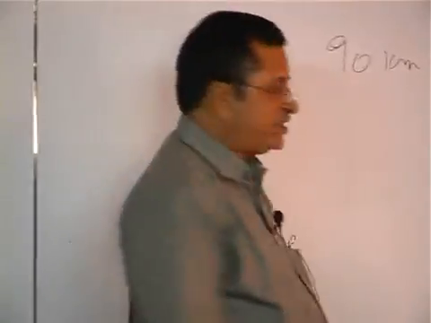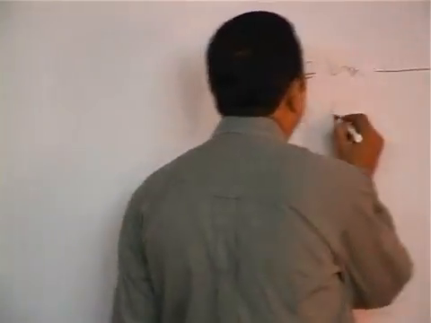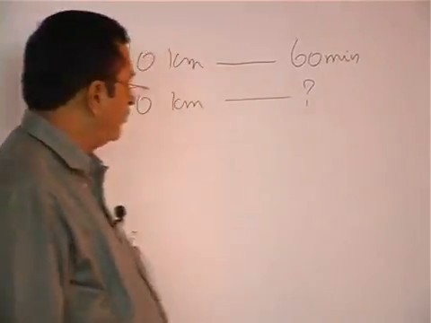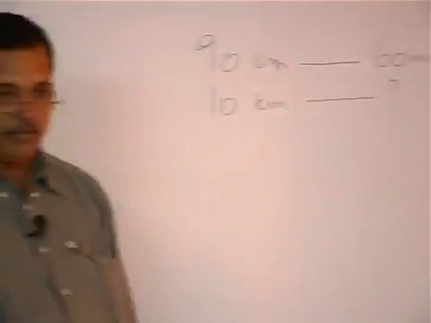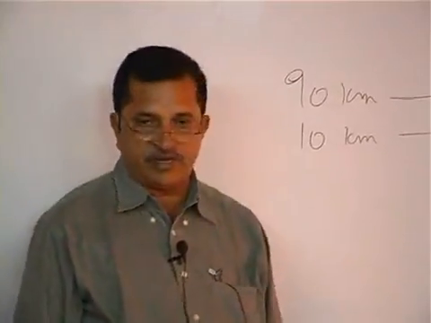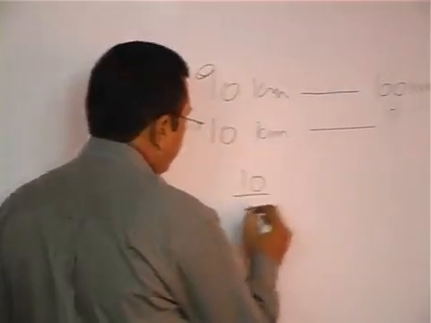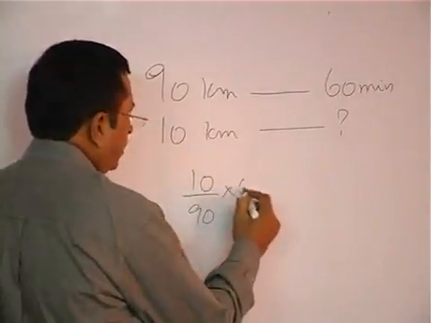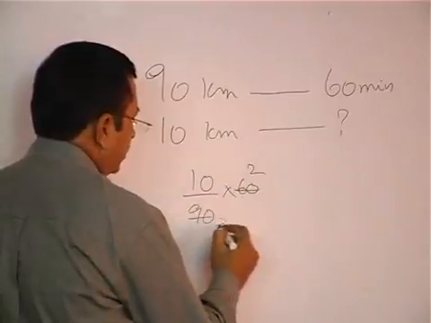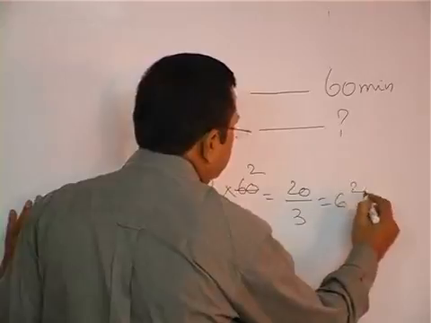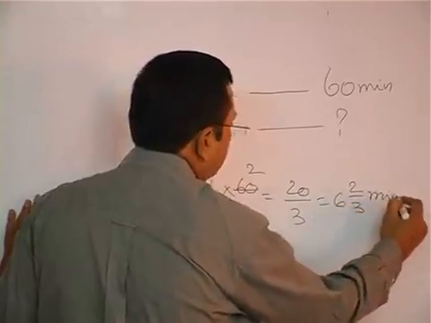stations, is it not? So, 90 kilometers if it travels in 60 minutes, 10 kilometers it will travel in how many minutes? Less distance, less time, so 10 by 90 into 60, that is 20 by 3, that is 6 2 by 3 minutes per hour the train stops.